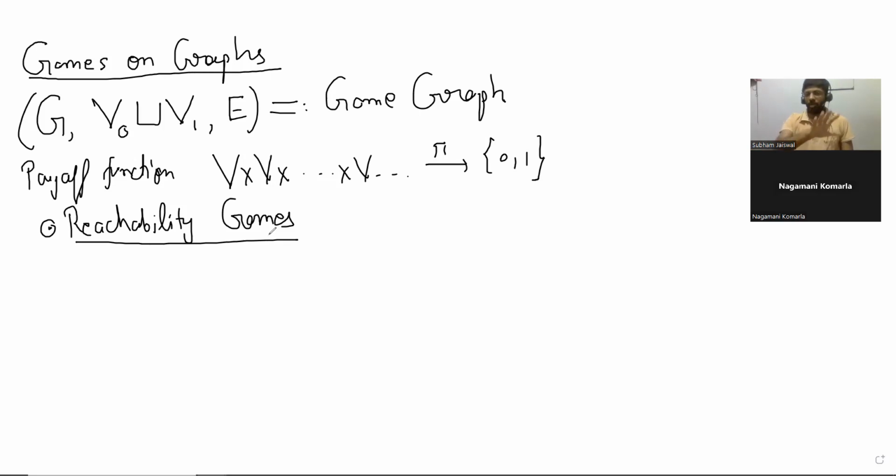Maybe in this terminology, if possible. We want to reach some subset T of the graph. That is what a player is playing for, that's what player 1 is playing for, right? Yes, that's right. So player 1 is playing for reaching the set T. And from this, what should be the payoff function?